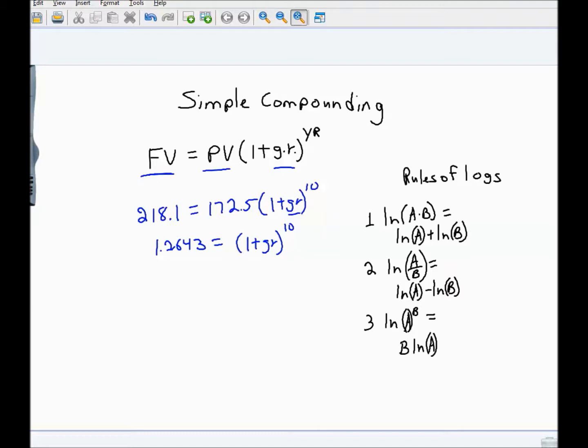Some of you whose algebra is a little bit weak might remember that if you had something simple, say like x squared equals 4, and you wanted to find out what x was, you would just take the square root of both sides, right? And you would write it like this, and you would get x equals 2. But in this particular problem, we have the 10th root. You see that? So we need to take the 10th root of both sides, and normally I notate that like this.